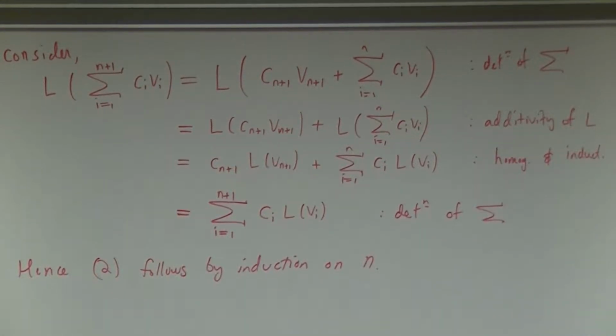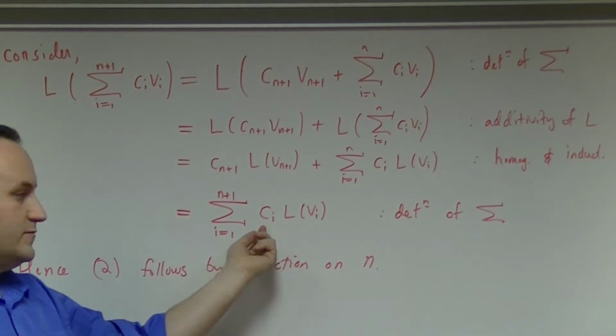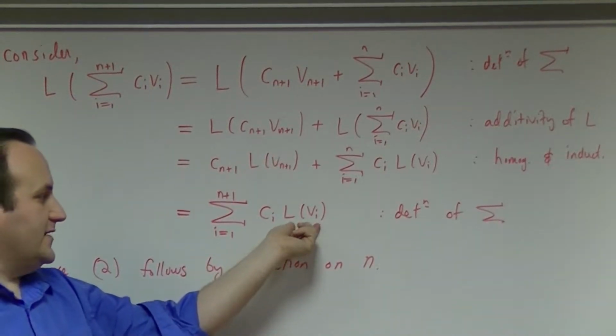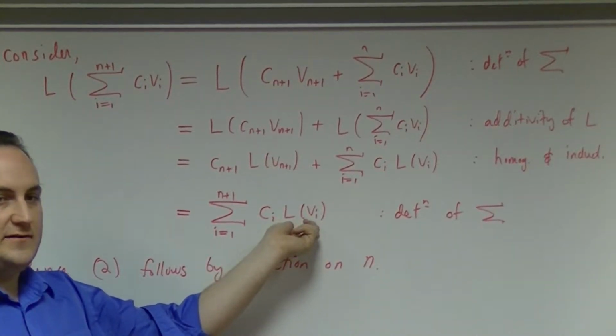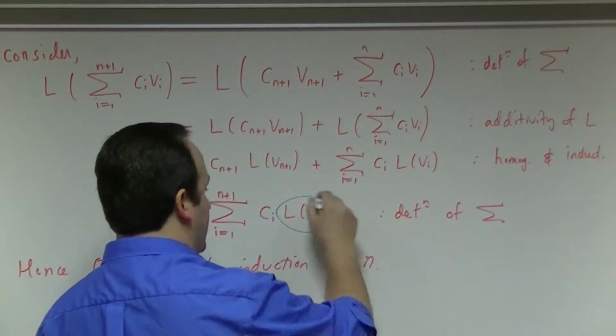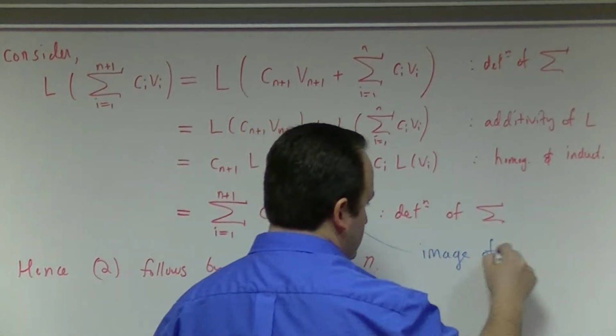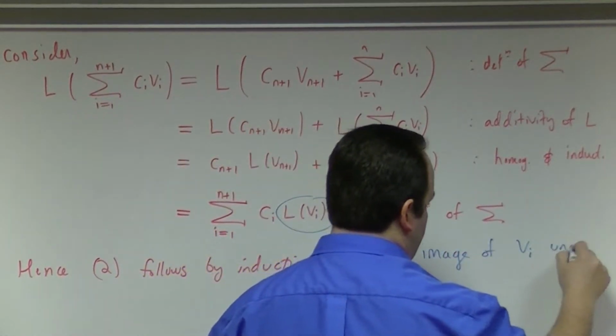So you see even the weights are the same, right? The weights of this linear combination are C1 through Cn. The weights of this linear combination, again, are C1 through Cn. L of Vi is the image of Vi under L. Okay, guys? Just a little bit of language.